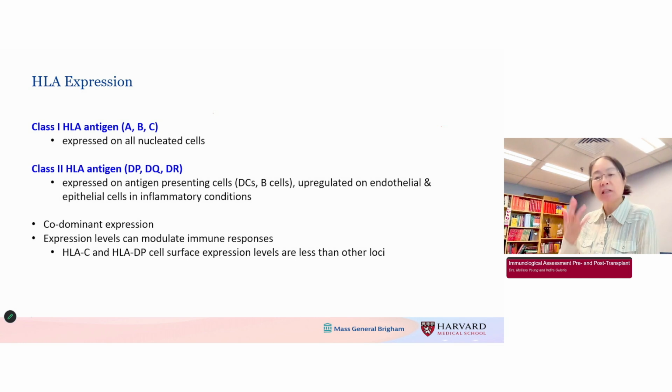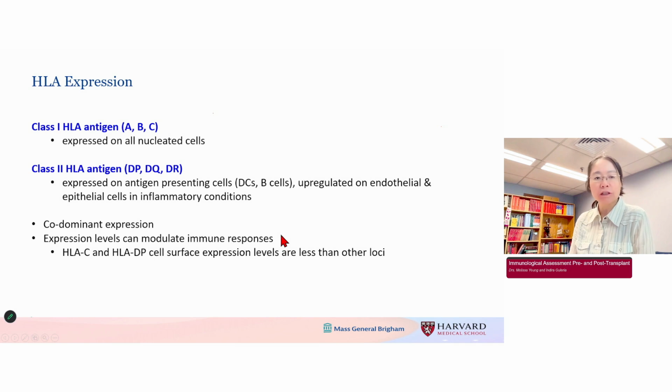And so if there is antibody against class 2 molecules, we need to know that as well, because we do know that that is going to cause ABMR. It's important to remember that expression is co-dominant. So you're going to have one set of HLA molecules from mom and one set of HLA molecules from dad, and so you may express up to 12 different HLA molecules on your cell surfaces.